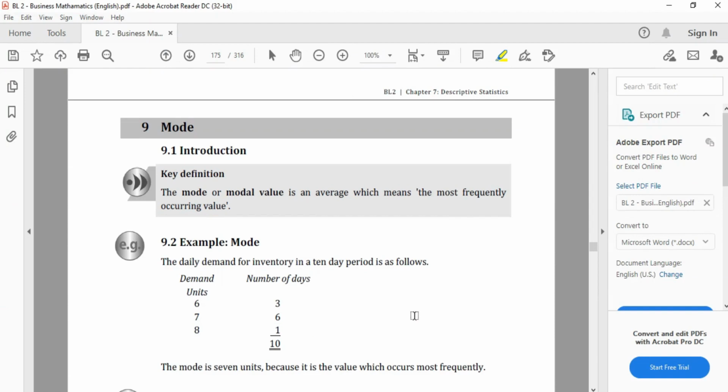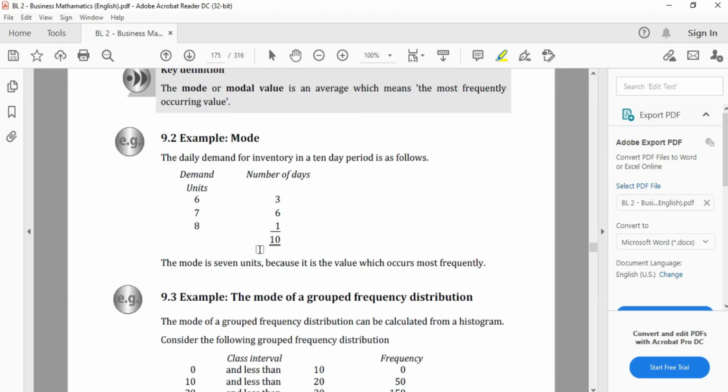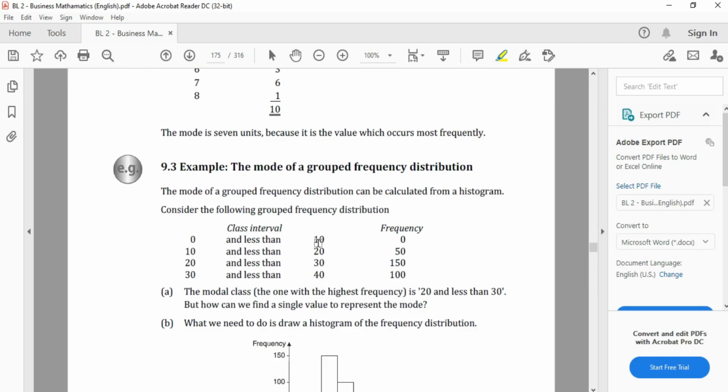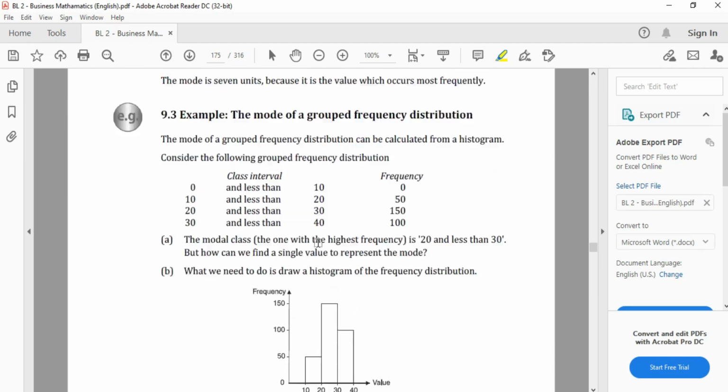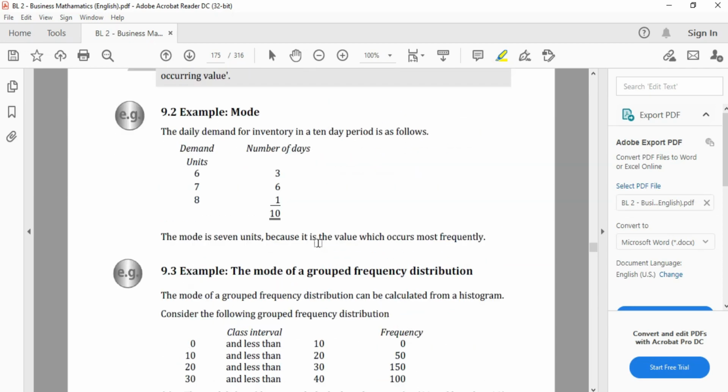Yeah, very easy. Moving on, let's move on to mode. Now mode is the frequently occurring value. That means out of the frequencies, we are going to select the highest frequency. If you look at a particular example, this one, the demand and the number of days that demand was received.